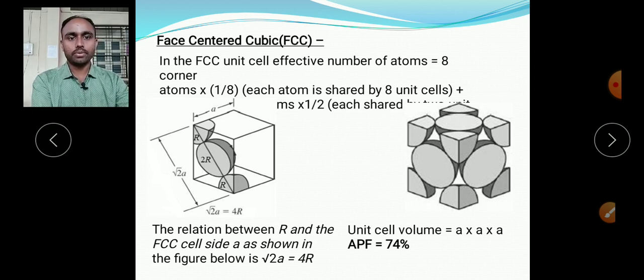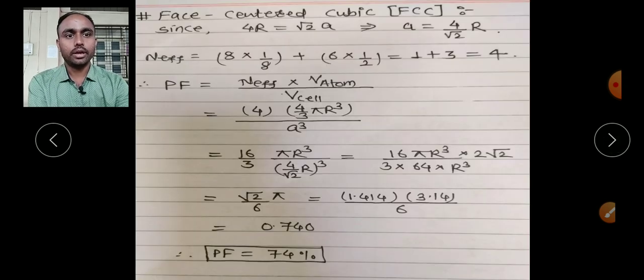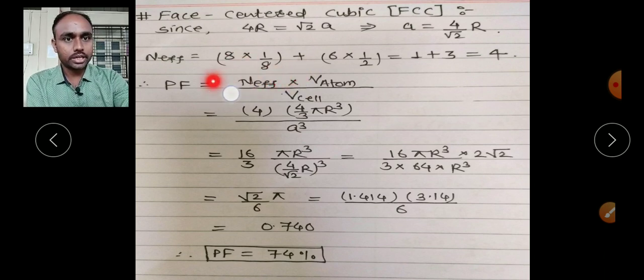So, that is why first of all we will find the effective number of atoms present in our face centered cubic unit cell. So, this is as usual 8 into 1 by 8, 8 atoms present at 8 corners, and each atom is shared by 8 different unit cells, therefore 1 by 8, plus 6 faces are there.